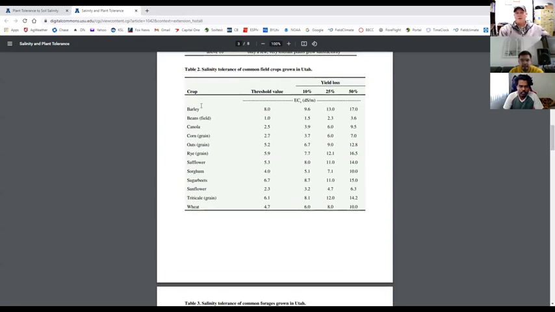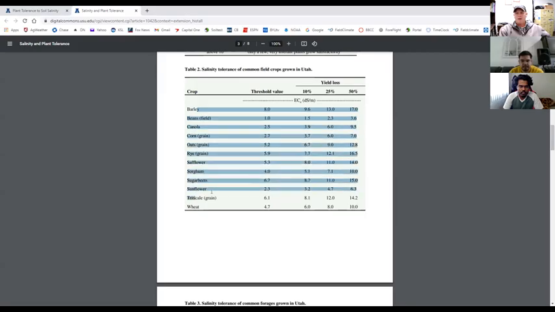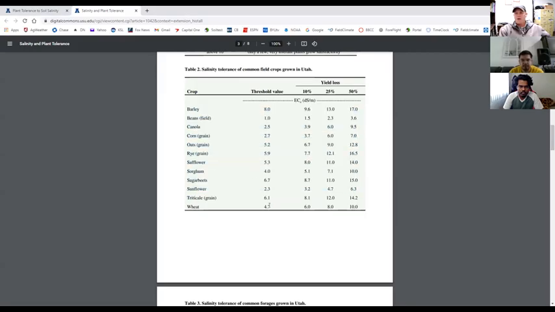So we've got some different crops listed here on this side, and there's a threshold value. Then they give the potential yield loss at 10%, 25, and 50. So again, this is EC. We learned about this, right? Decisiemens per meter. So look at barley, 8.0.